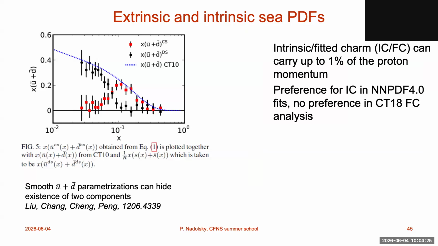So then there is a prediction given in this paper that tries to calculate components of this whole contribution, the ū plus d̄, using so-called connected and disconnected contributions to the proton wave function to the PDF. Okay, so they are estimated in a certain way, and you see they have this precisely different shape in the behavior, right?